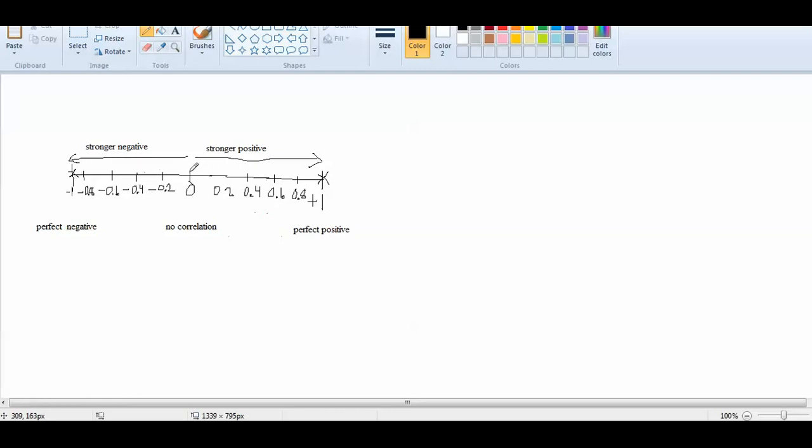And let's think about where some of those other examples we talked about earlier would fall. I said that we would expect income and account balance to probably be a weak positive correlation. So since it's a weak positive correlation, it would come out at the positive end, but closer to 0, maybe right here.